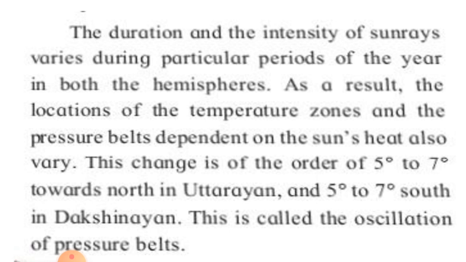of pressure belts. Dear students, here the duration and the intensity of sun rays varies during particular periods of the year in both the hemispheres, and as a result the locations of the temperature zones and the pressure belts dependent on the sun's heat also vary.